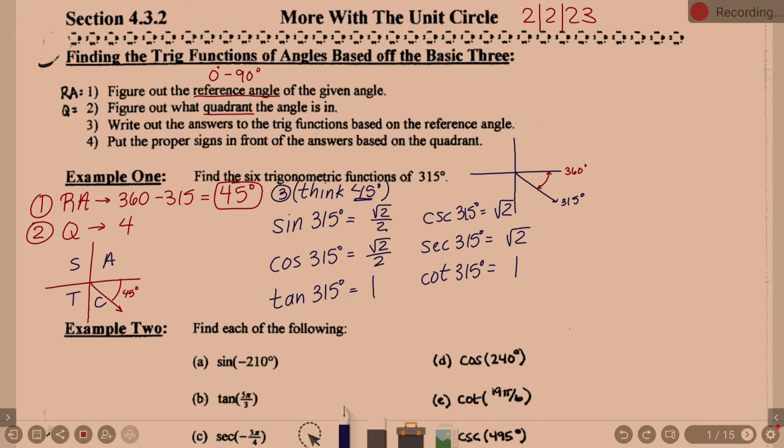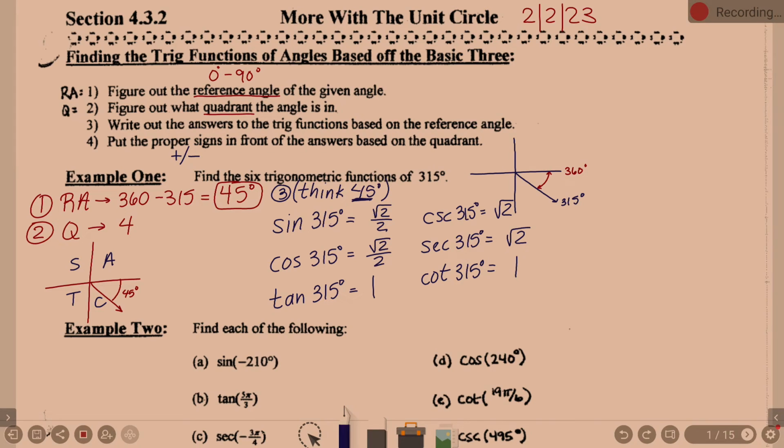Now, that was writing out the answers to the trig functions based on 45 degrees. The finishing touch is to put the proper signs, plus or minus, on each function. In other words, make negative the ones that you need to make negative. So what did we already decide? What quadrant were we in here?